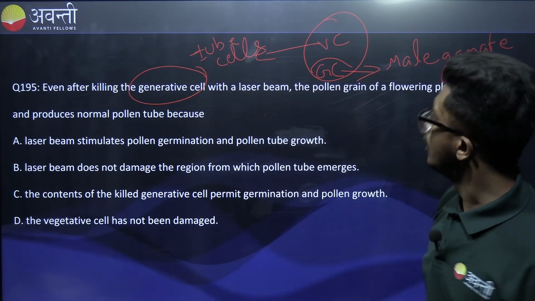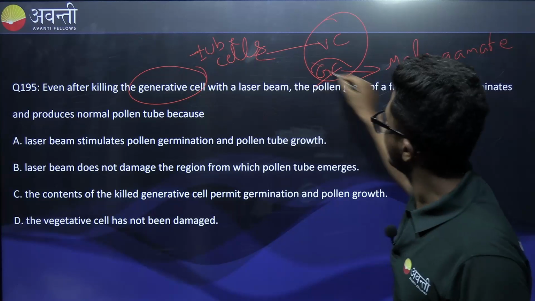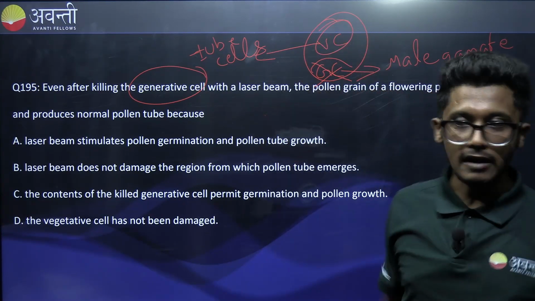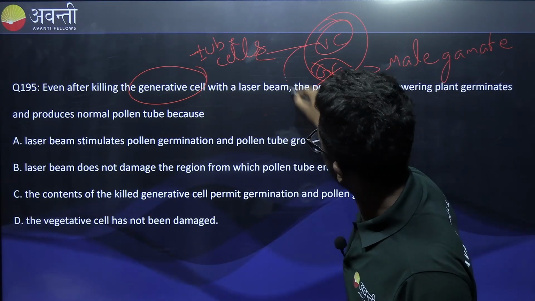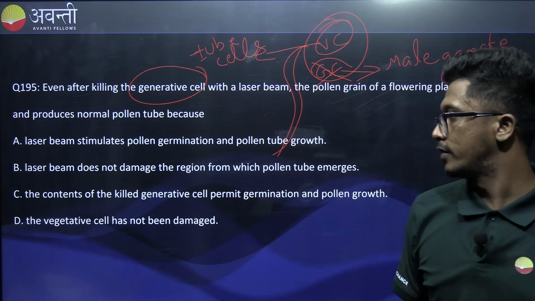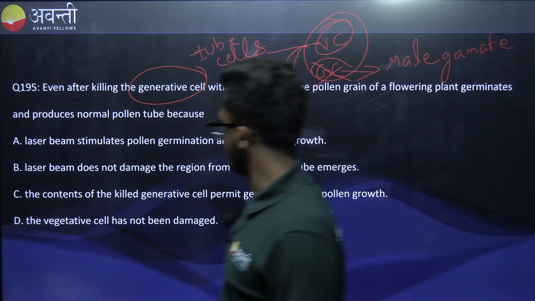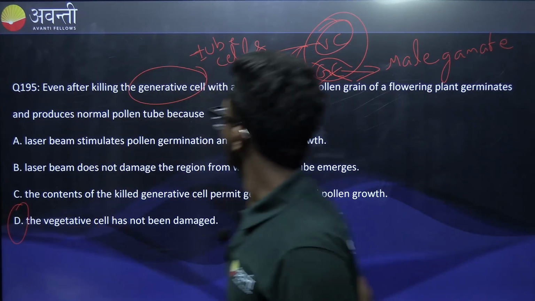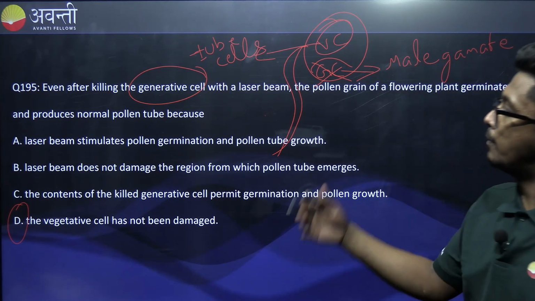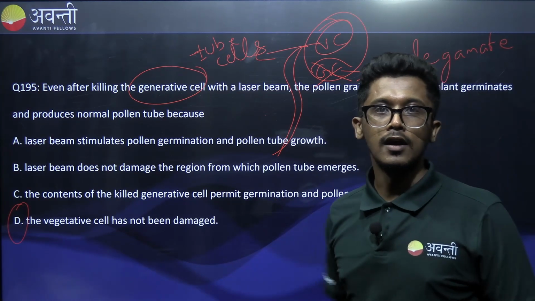You get my point, guys. Now, if I destroy this generative cell, the vegetative cell still functions, so it will start producing a healthy pollen tube. So our option is that the vegetative cell has not been damaged, so it will be producing a pollen tube. Okay, got it?